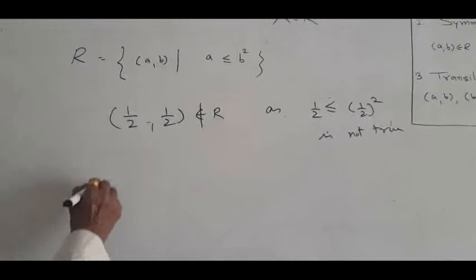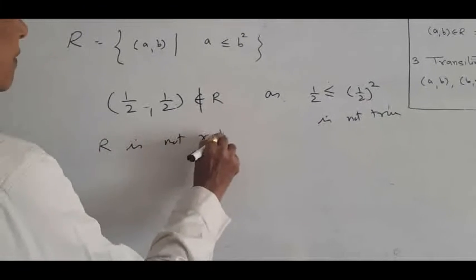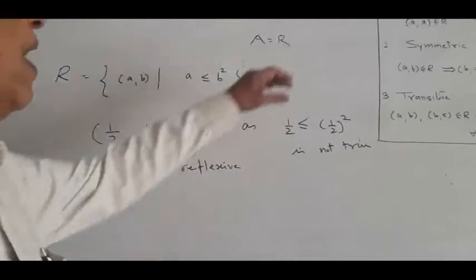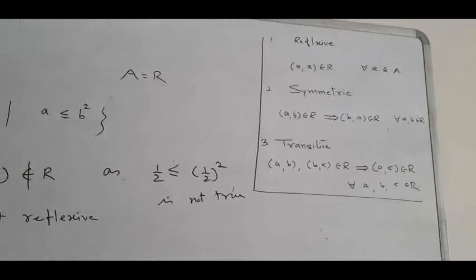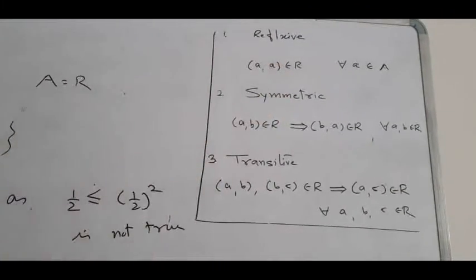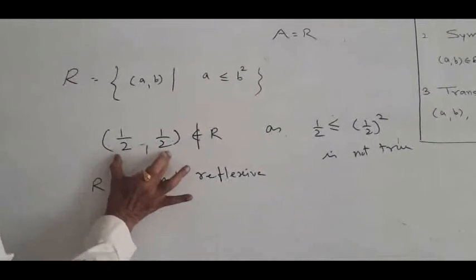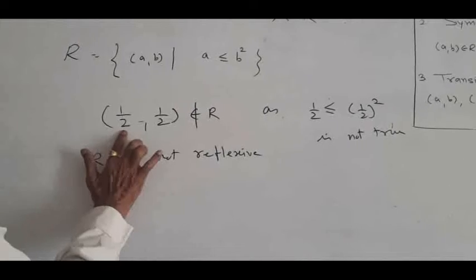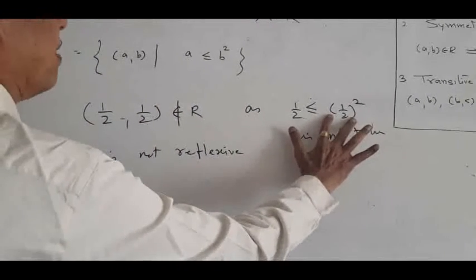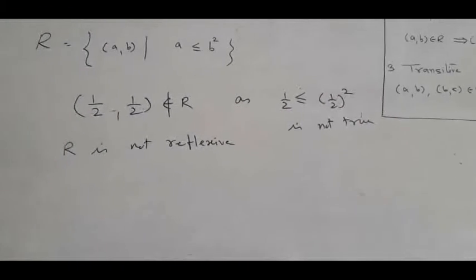Therefore, this relation is not reflexive. Means to show that the relation is not reflexive, we have to find at least one ordered pair which is not in the relation R. Here a is 1 by 2, b is 1 by 2, and 1 by 2 is not less than or equal to b square, that is 1 by 2 squared. Therefore, this relation is not reflexive.